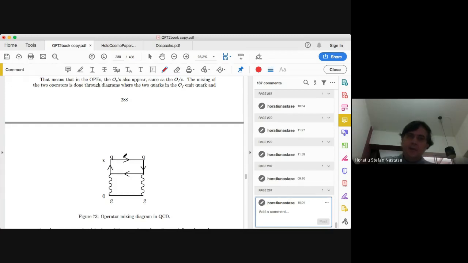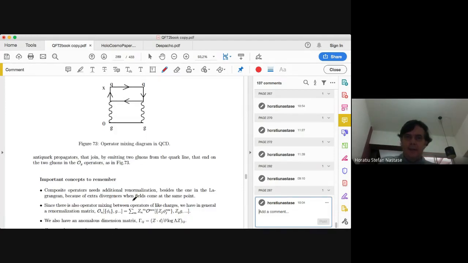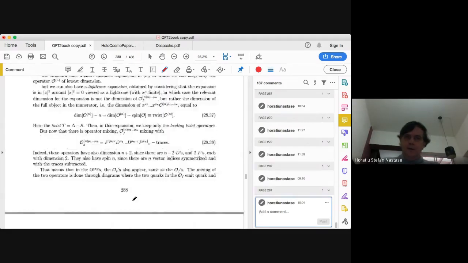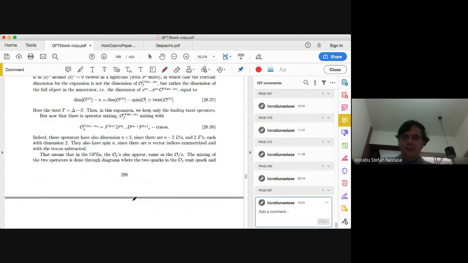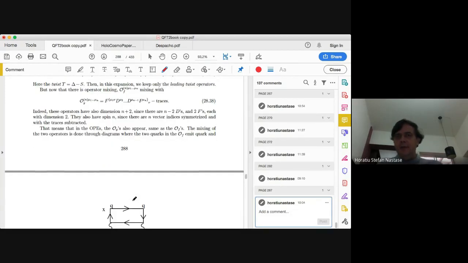Now, in principle, I could also have covariant derivatives in the middle, and in the covariant derivatives there's a gluon, so the gluon could connect also with the corresponding gluon in the middle. So in any case, that means that all the operators OF mix with all the operators OG. All right, so this is an example of why we can mix all of the operators OF with all of the operators OG.